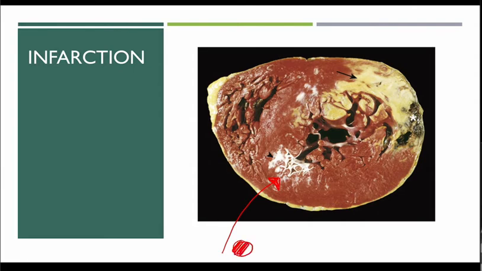There's severe obstruction that causes cell death, but the area closest to the blood supply has a chance of living, as opposed to a transmural full thickness MI, where that entire blood supply is clotted and you get cell death across the entire wall of the ventricle.